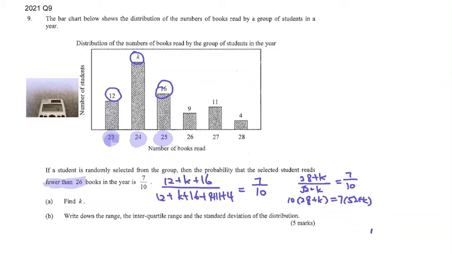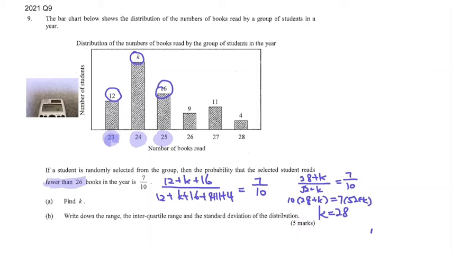First expand it, multiply 10 into these two terms and 7 into these two terms, then put K on one side and numbers on the other side. In the end, you should get K as 28, and that's how you did question A.